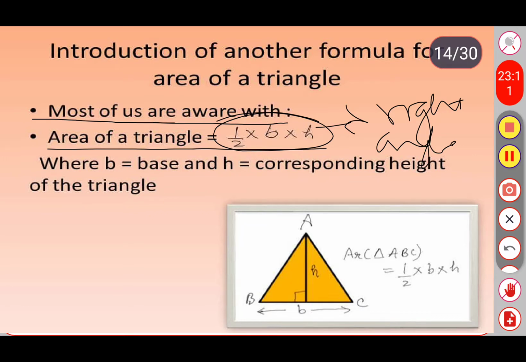In that triangle we need to know the height of the triangle along with the base length. Once we know the base and height, then we can easily calculate the area by using the formula half into base into height, where b is the base and h is the corresponding height of the triangle.